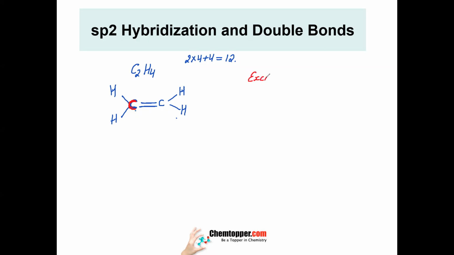How many groups are there on the red carbon? Groups are the atoms and lone pairs. So on the red carbon, how many atoms are there? Three. Three groups are there. And on this carbon, how many groups?